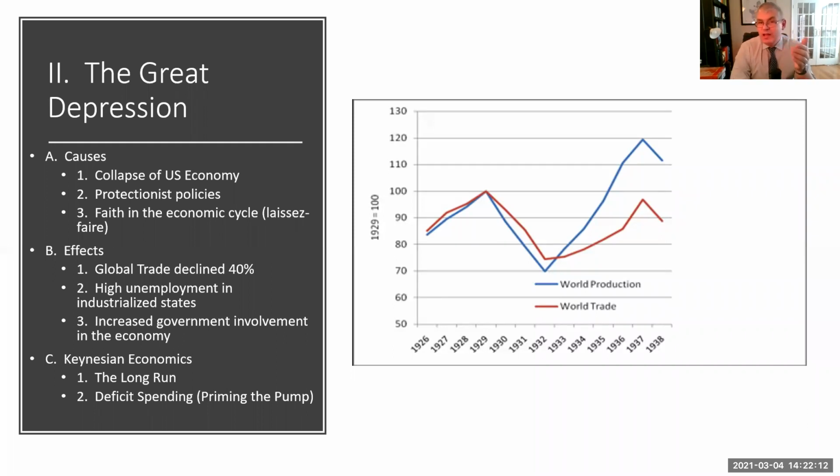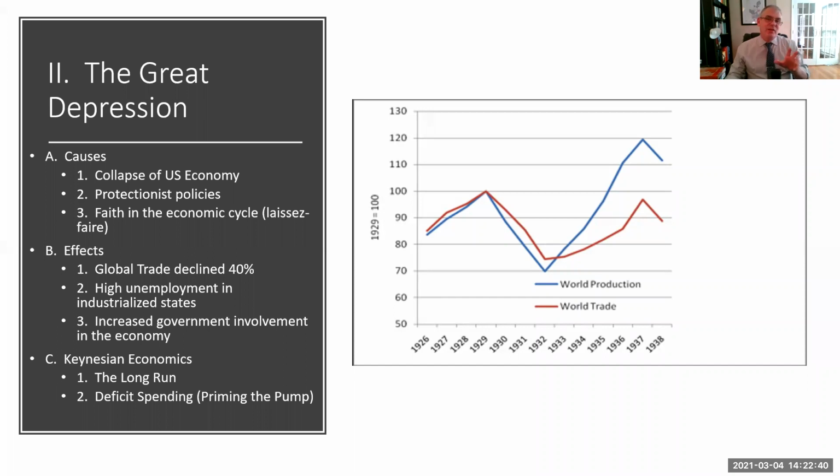So when the US economy collapsed in 1929, and the collapse for the US economy can be attributed to overproduction of industrial and agricultural goods. It can be attributed to speculation in the stock market. It can be attributed to poor regulation of the financial industry. There's a number of causes that we can get into. Suffices to say, the US economy collapses.